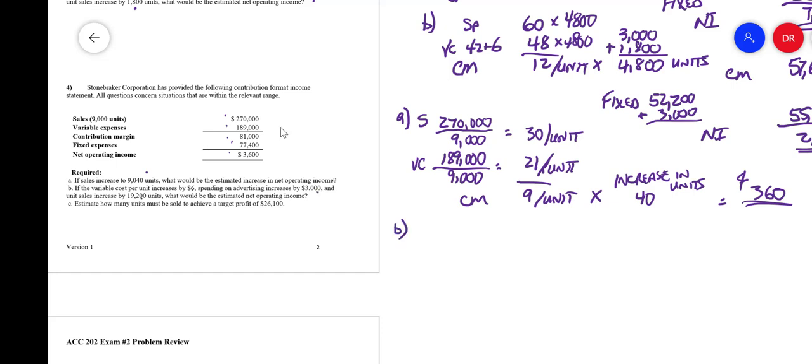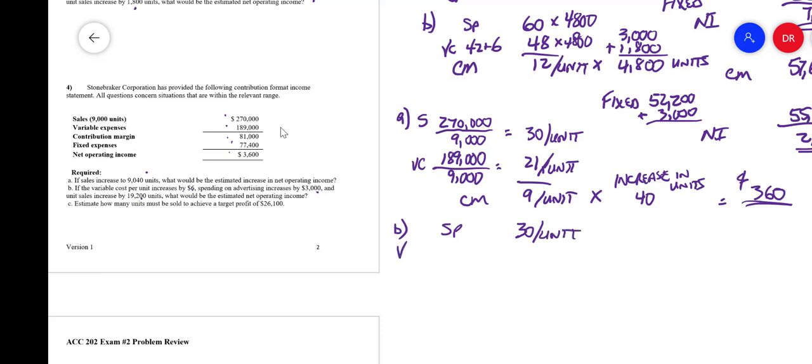Okay, so here we are at letter B. If the variable cost per unit increases by 6, spending on advertising increases by 3, and unit sales increase by 19,200, what would be the estimated net operating income? So we're going to start here, similar to what we did here. We're going to have the sales price per unit of $30.